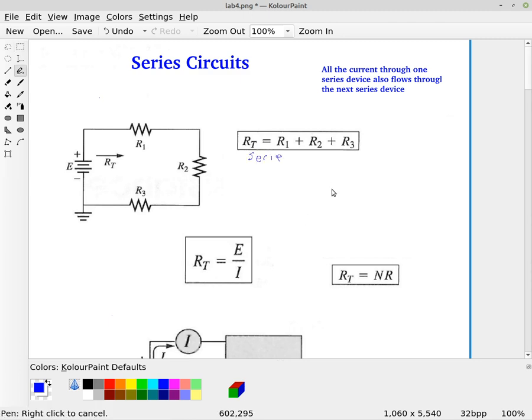For the series circuit, the total resistance is equal to the sum of those resistors.